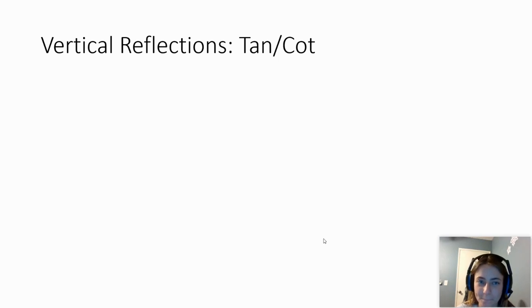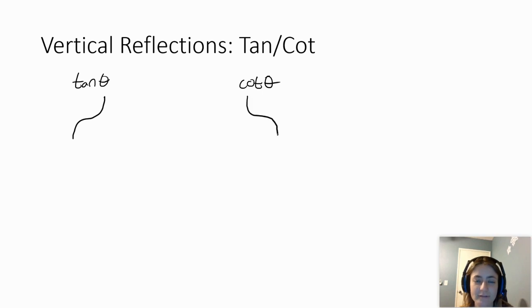Okay. So just like with the other functions, if we have that negative in front, we're going to do a vertical reflection. So we know that the shape for tangent of theta looks something like that. The shape for cotangent of theta looks like that.